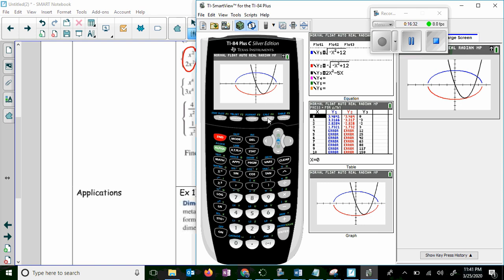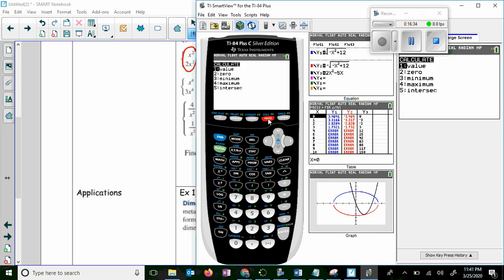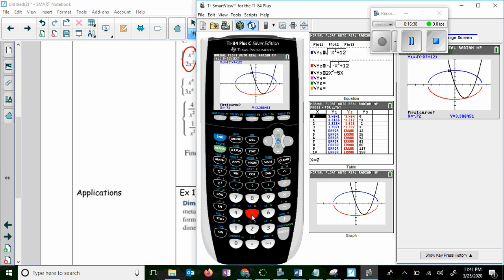So we had second trace, intersect is number 5. And it's going to say first curve. And this one, the first curve is on the circle. Go close to whichever point of intersection you're looking for and hit enter. And then it's going to jump to the second curve.